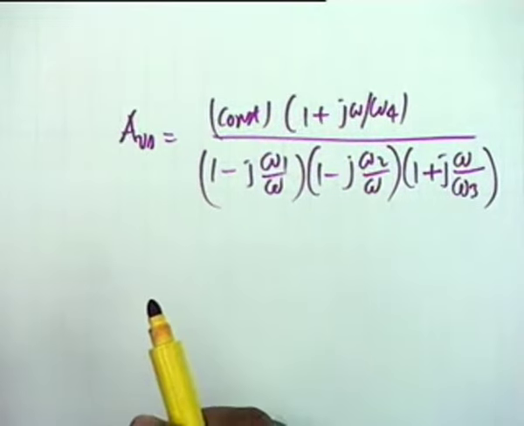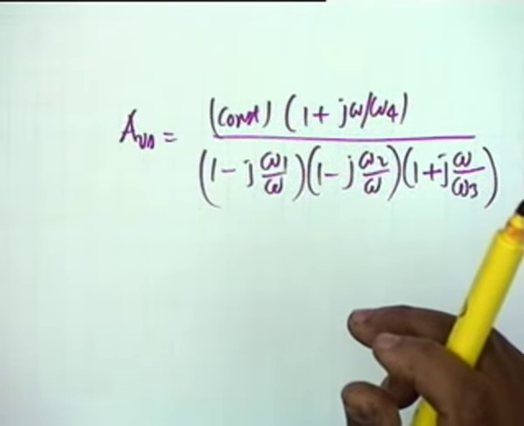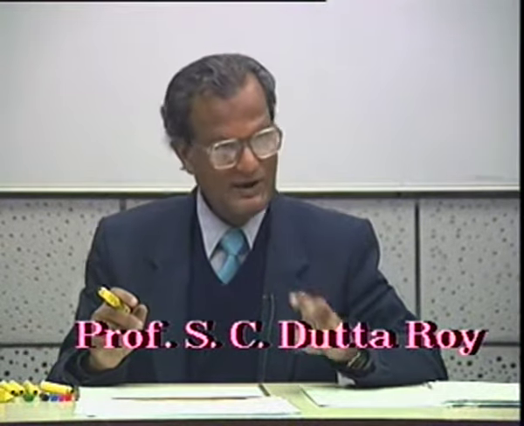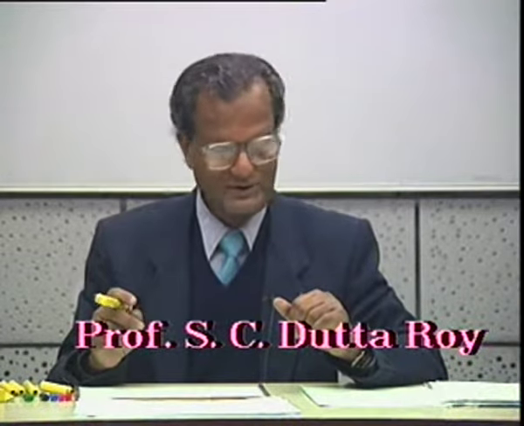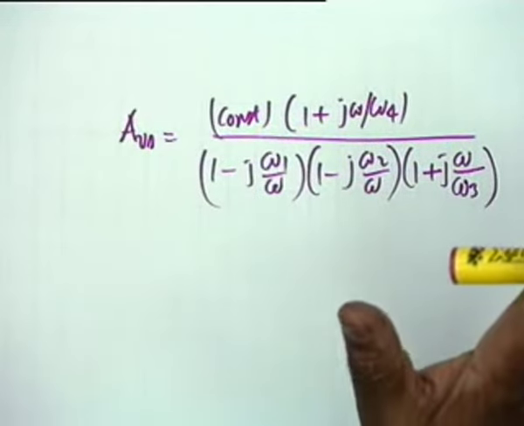And remember, we did not put this constant equal to AVS 0. Why? Because it was not AVS 0. It was either AVS 01 or 02, depending on whether you consider omega tends to 0 or omega tends to infinity. So this constant is not the mid-band gain.